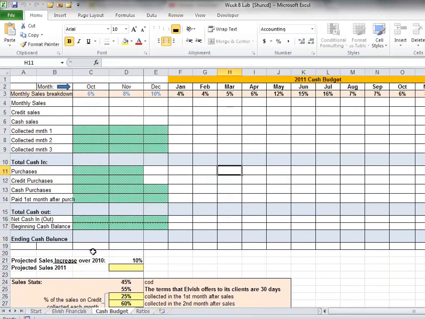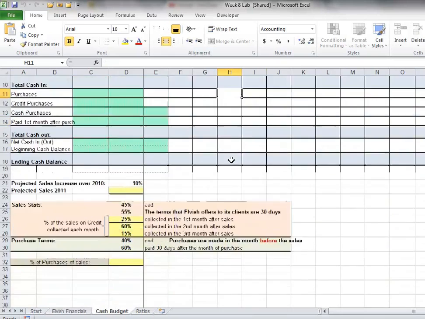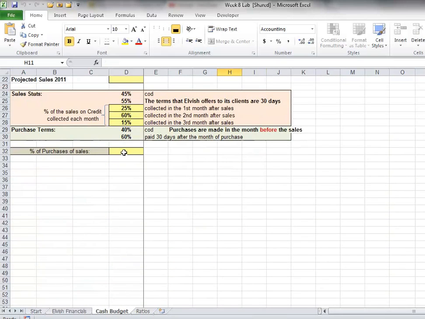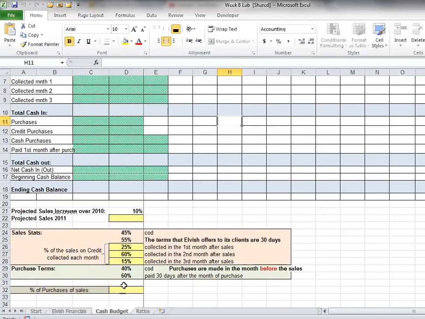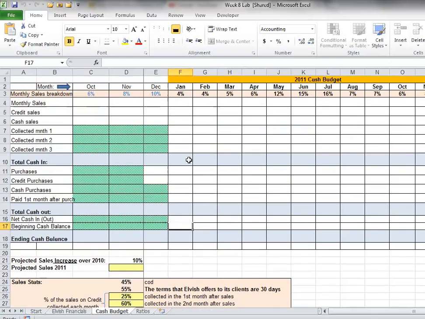If we look hard enough back in the income statement, we'll find the percentage that our purchases are of our next month's sales, and we can cell reference it into here, and then into these here. 40% are going to be cash, so that's down here, 60% on credit, and we pay that 60% the month after.